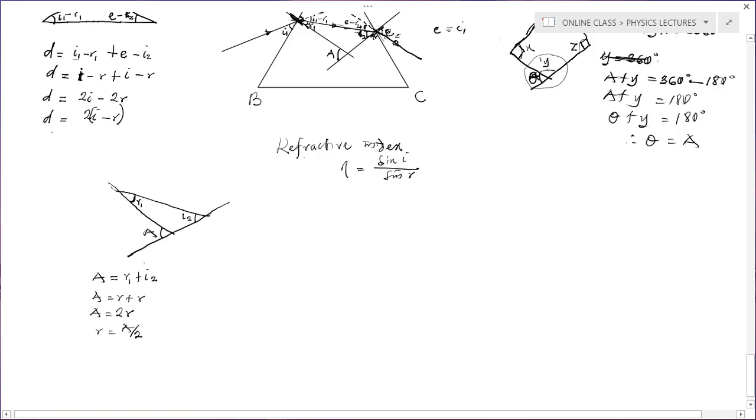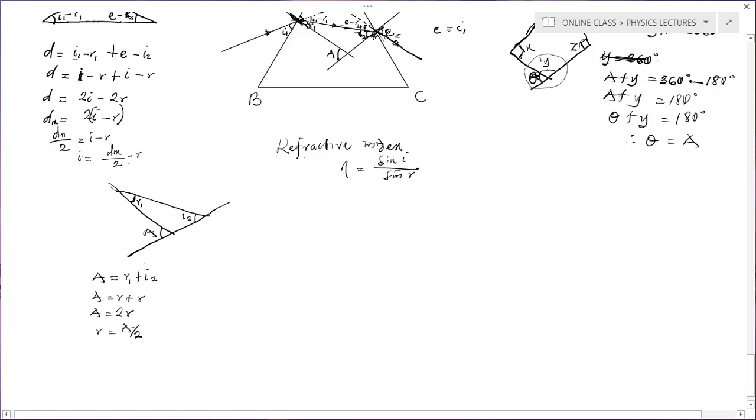See what will happen here. It means that if I use dm here, our dm over 2 equals I minus R, right? So our I now is equal to dm over 2 minus R.